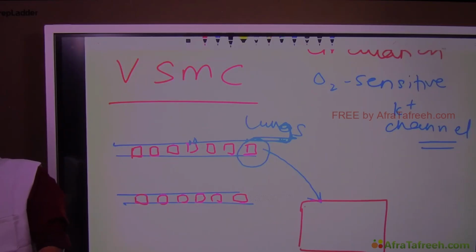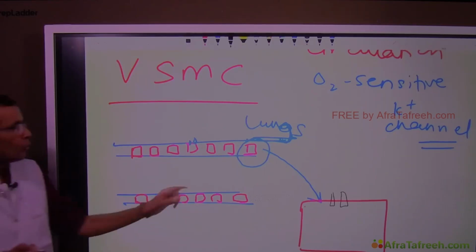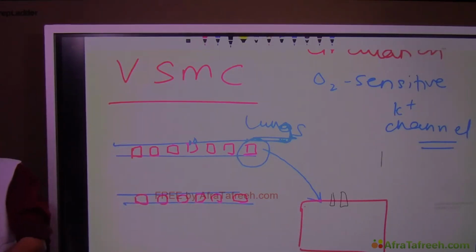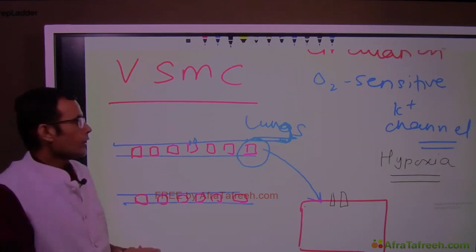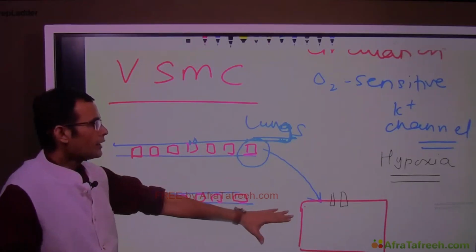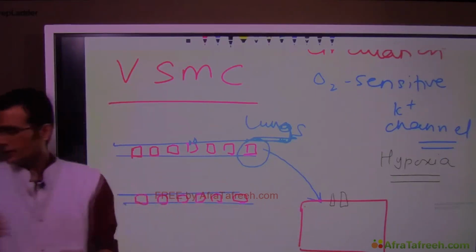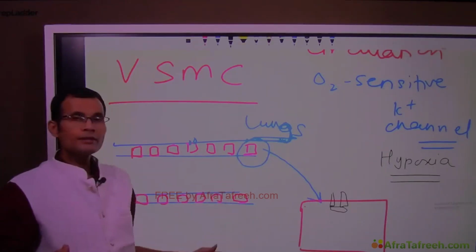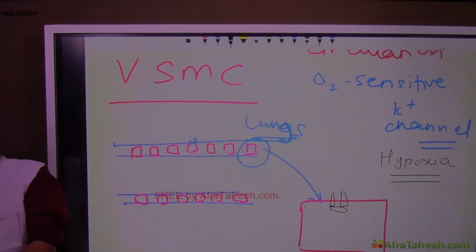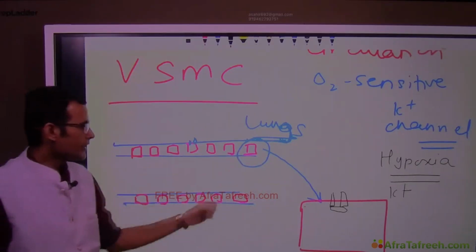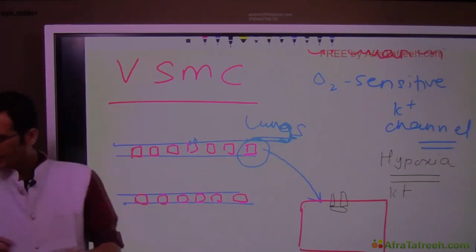Its membrane contains this O2 sensitive potassium channel. Now imagine that there is hypoxia in this region. This hypoxia is sensed by this channel, and the channel will close. This is an O2 sensitive potassium channel or hypoxia sensitive potassium channel. It senses the hypoxia and it closes.